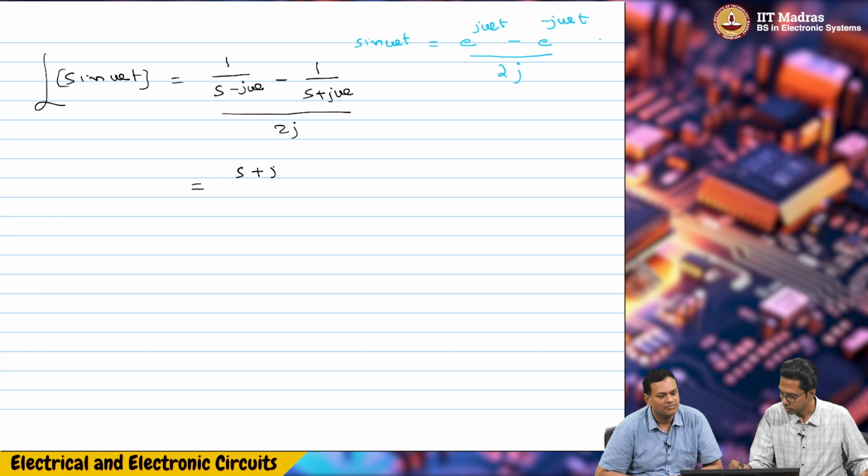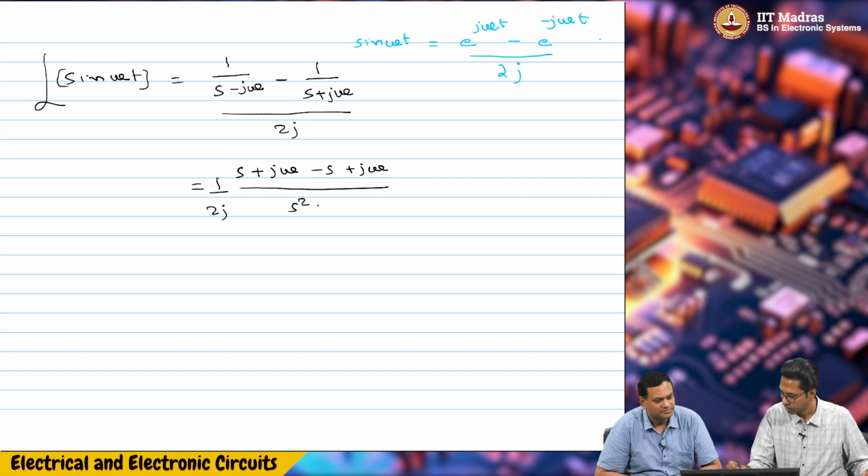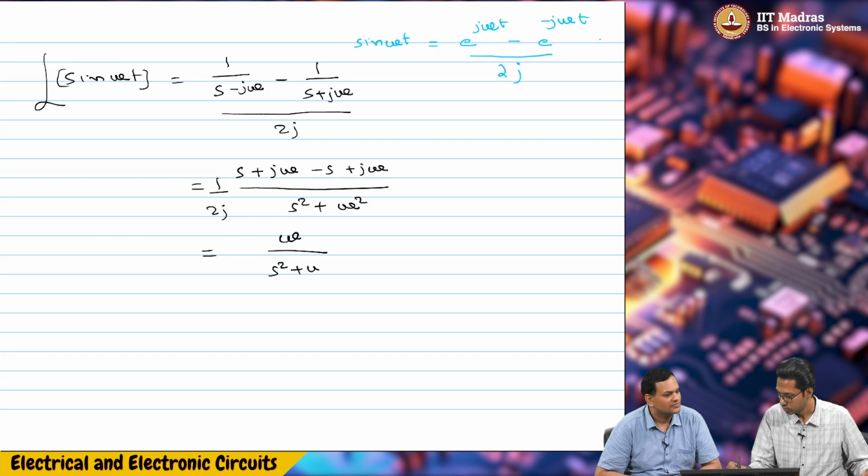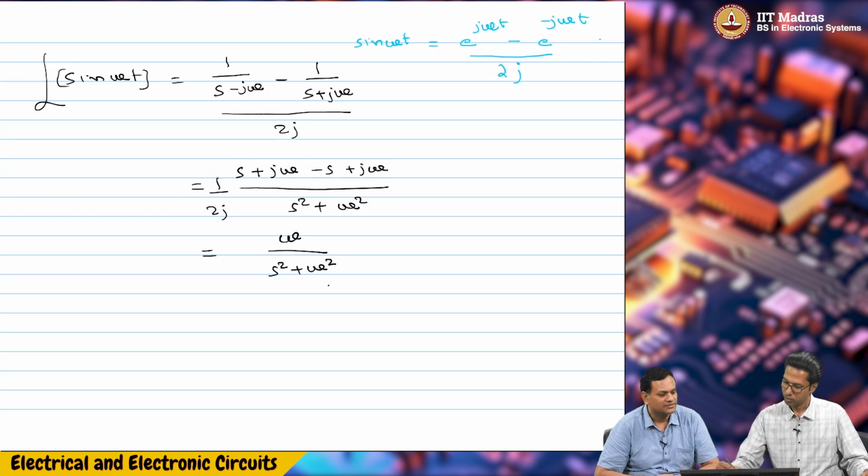So this is s plus j omega minus s plus j omega, divided by s square plus omega square, with 1 by 2j kept outside. So s and s get cancelled, j and j get cancelled, and the 2 gets cancelled. You will only have omega by s square plus omega square.